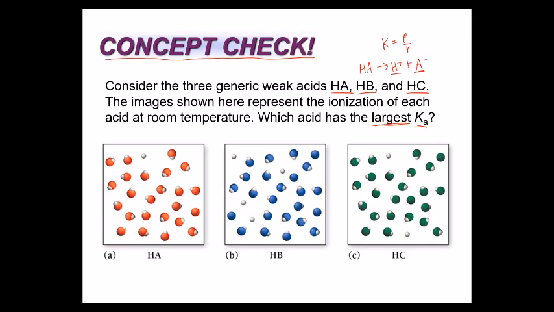The other one will be the anion. So the largest Ka is going to have more of the products, which would be the ions on the top, and less of the reactants here, which would be the acids staying bonded together. So take a moment to think about that and look at the different diagrams and decide which one will have the largest Ka.